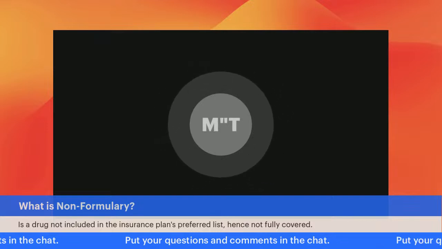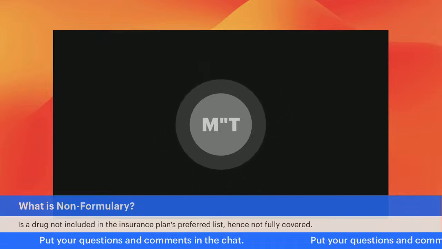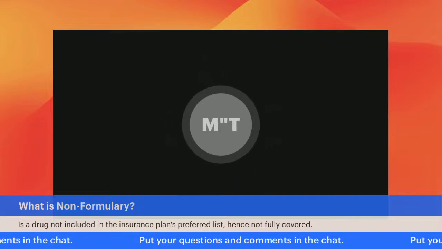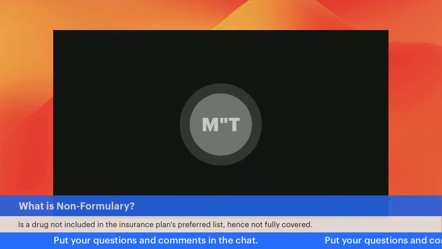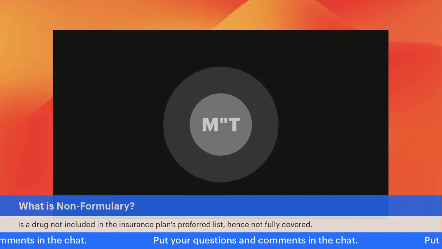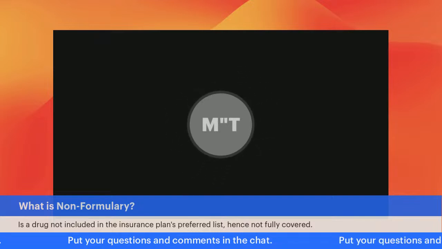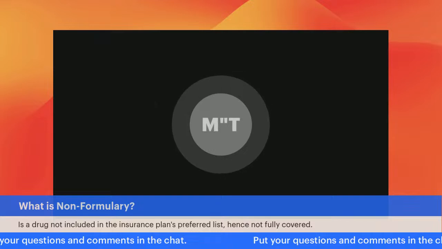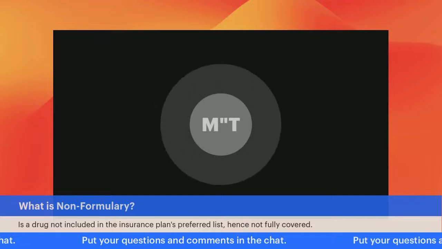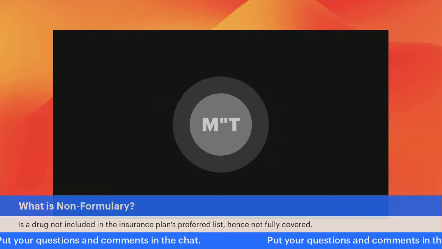So, what we need to talk about is a specific example. As always, I will use myself as an example, right? So today I take amlodipine, okay? Amlodipine is on their formulary.